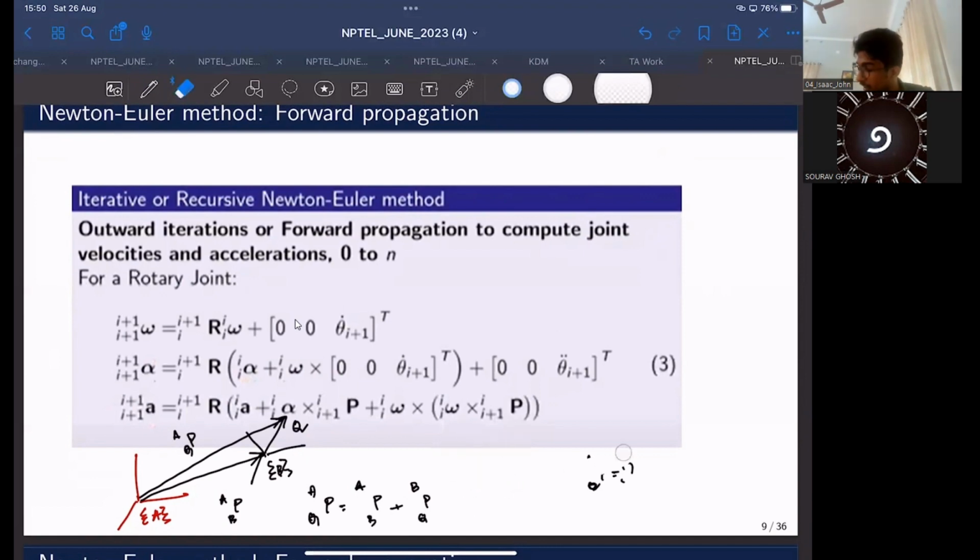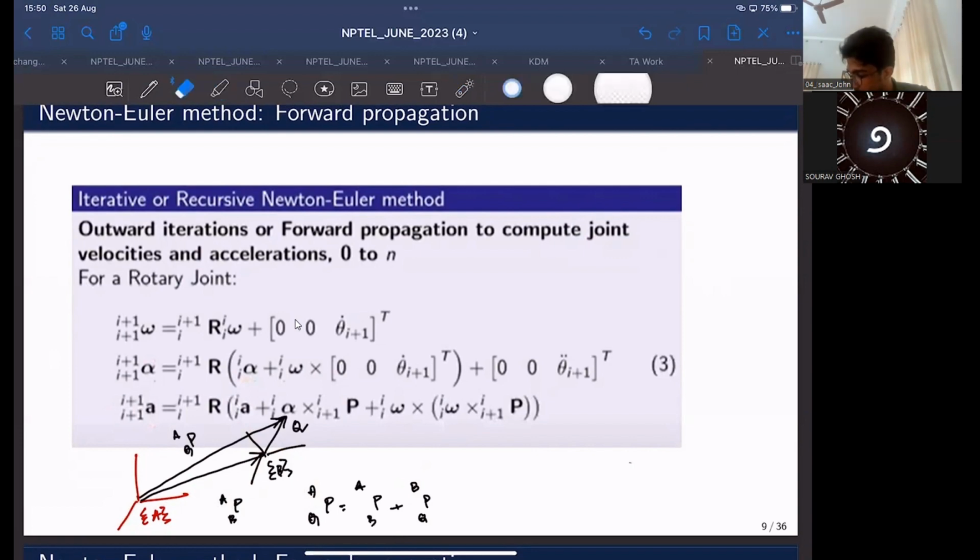But since we are expressing all the terms with respect to the frame A, we would like to convert this into frame A because the frame B is rotating with respect to frame A. So that is where the rotation matrix comes into the picture.